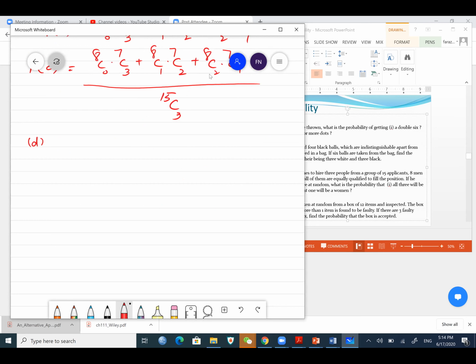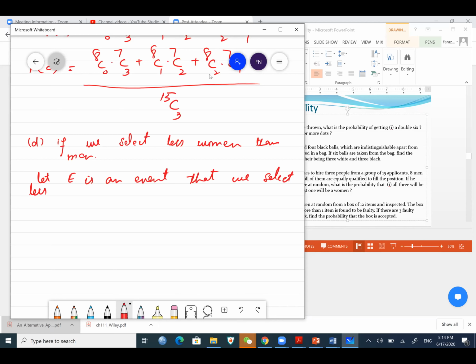We say that if we select fewer women than men, then let E be an event that we select fewer women than men.